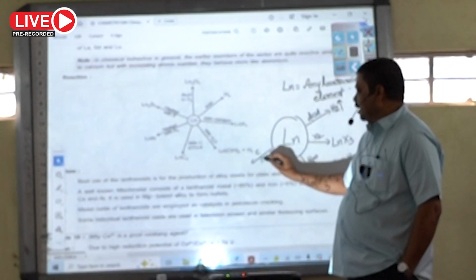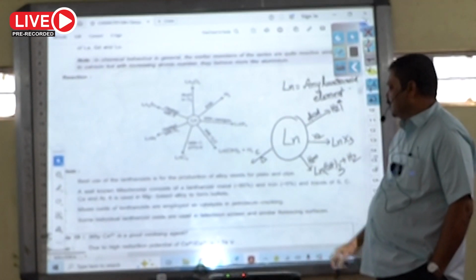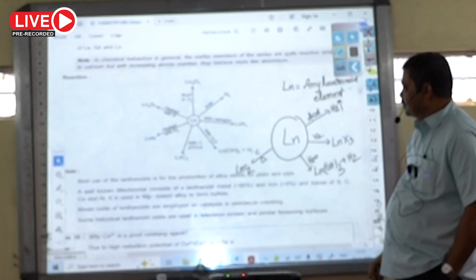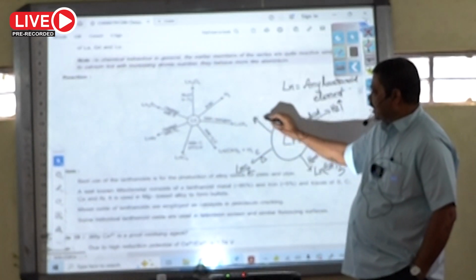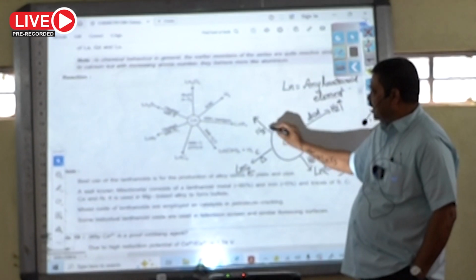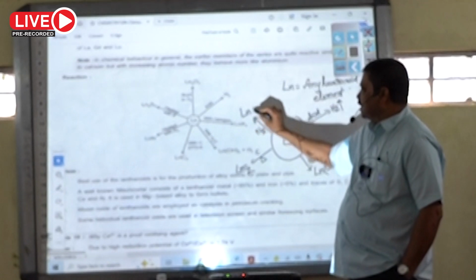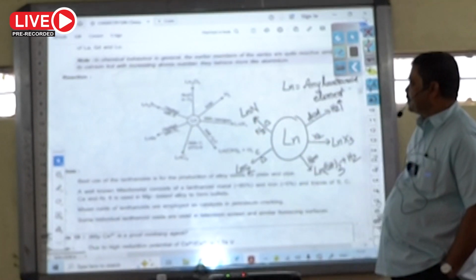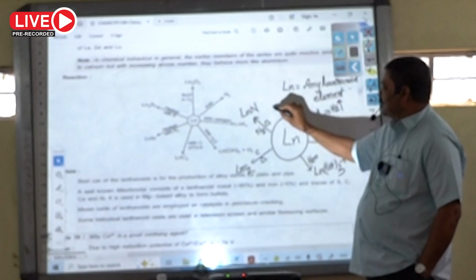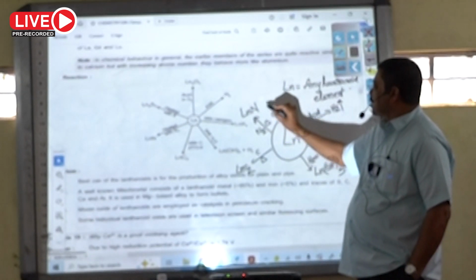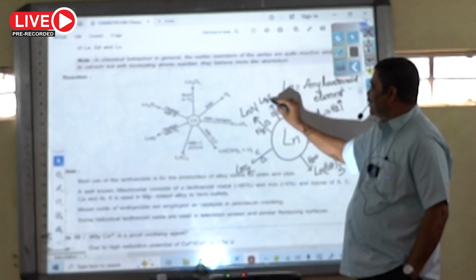With carbon on heating, you will get a lanthanum carbide. With nitrogen, when heated, you will get a lanthanum nitride. With sulfur heated, you will get a lanthanum sulfide.